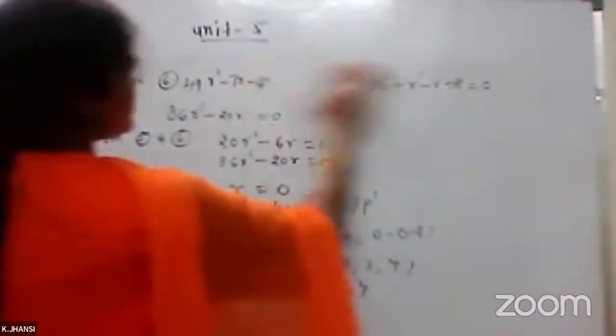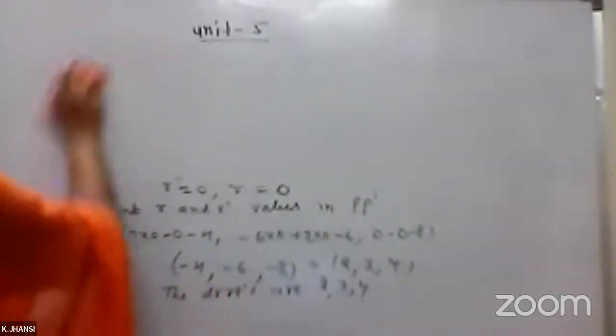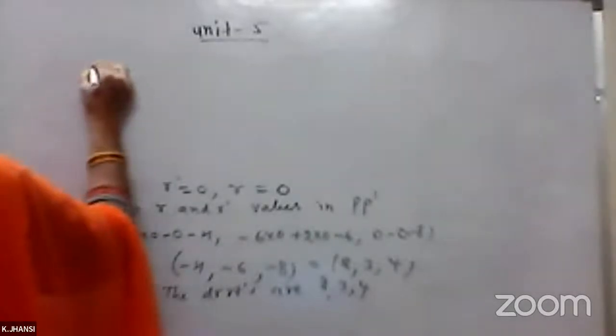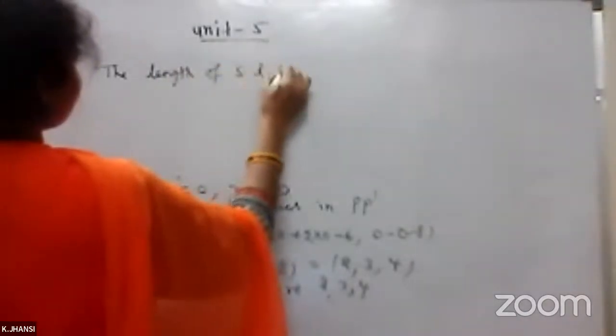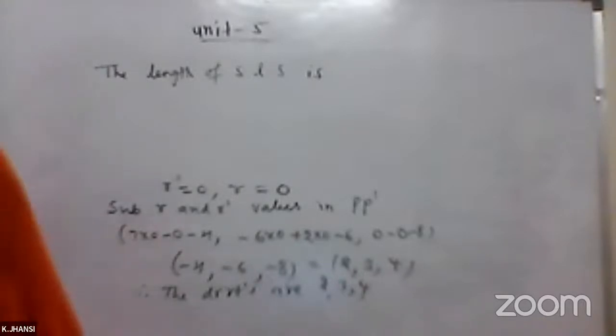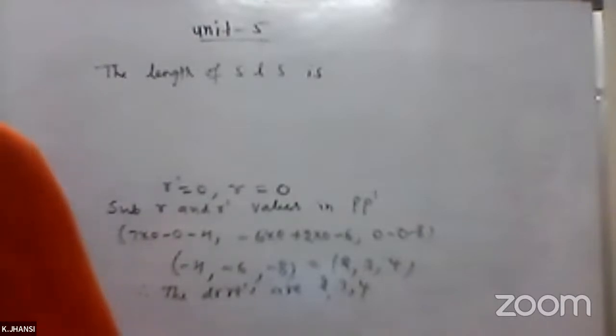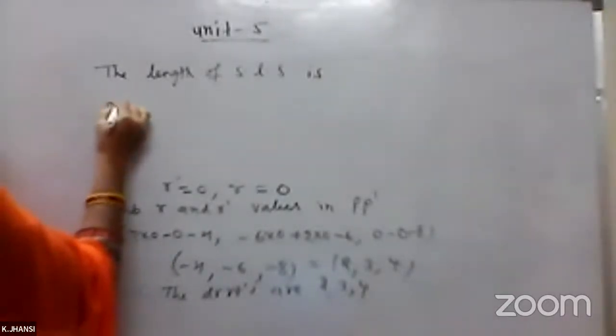So the length of the shortest line segment PP dash equals... we have the points there, no?